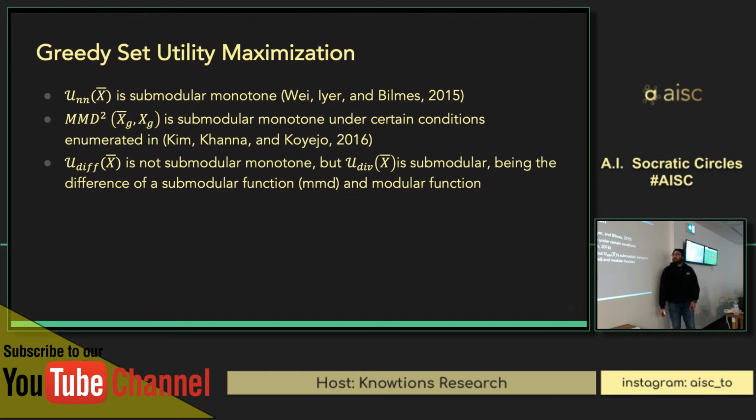A few things here are worth mentioning. The nearest neighbor utility function is submodular, which was proved by Wei, Iyer, and Bilmes in 2015. MMD squared is generally monotonic, but UDIF, which is a difference of two MMDs, is not monotonic in general.